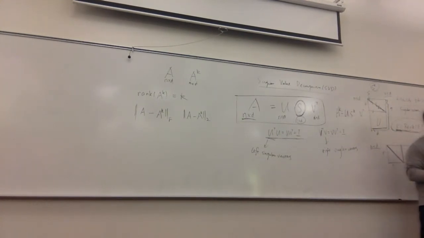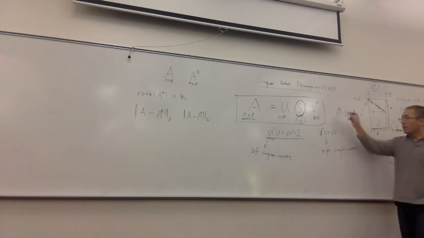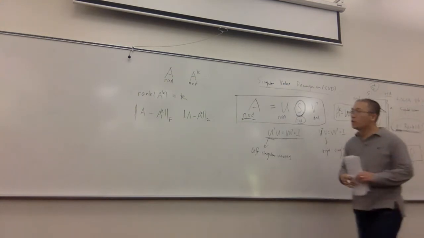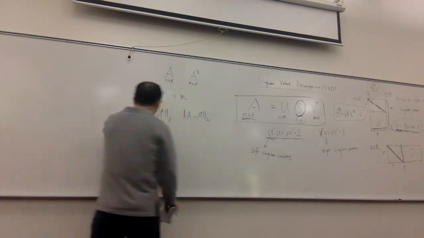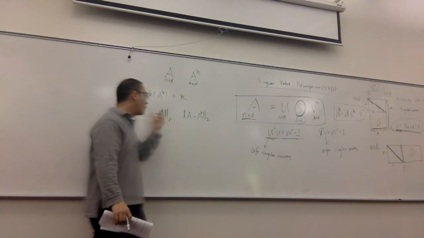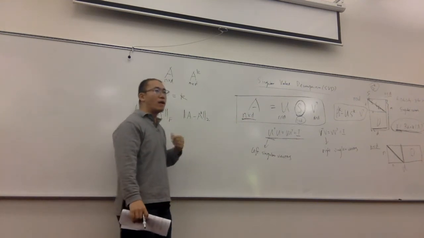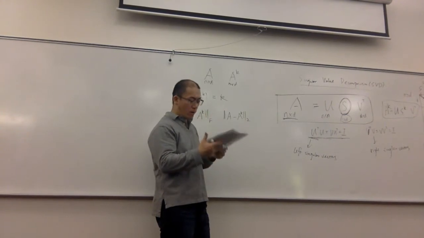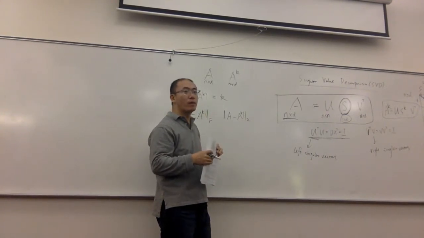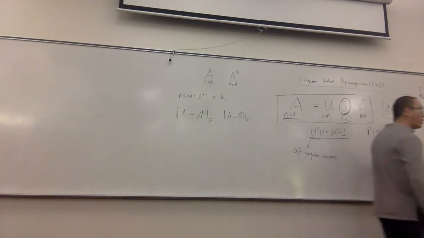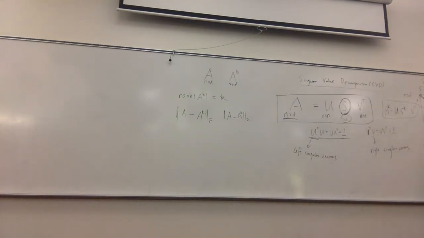That's it. And it's amazing that this A_K can minimize both the Frobenius norm of the difference and the 2 norm of the difference. This can be proved by a theorem called the Eckart-Young theorem. It's a kind of tedious theorem, but it's not hard to learn that proof.